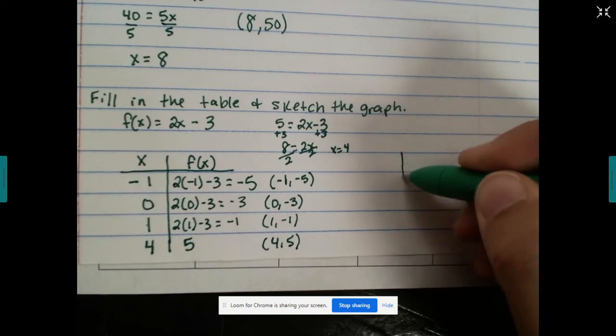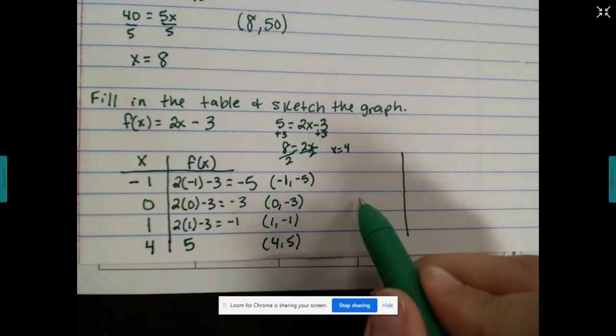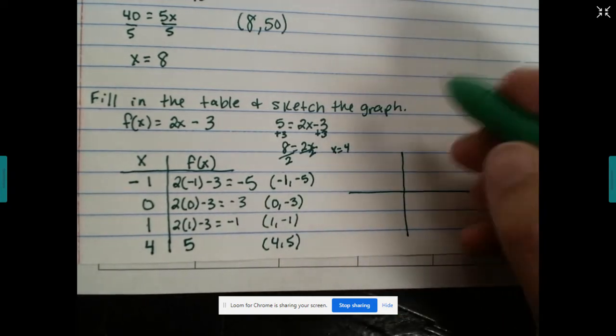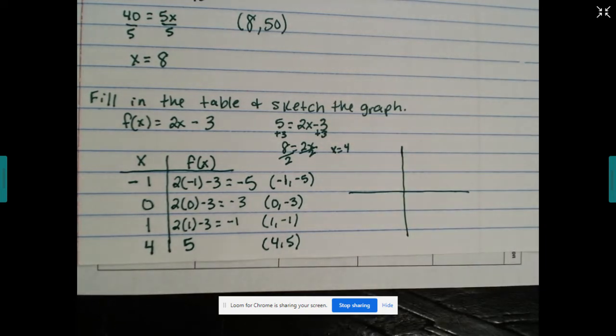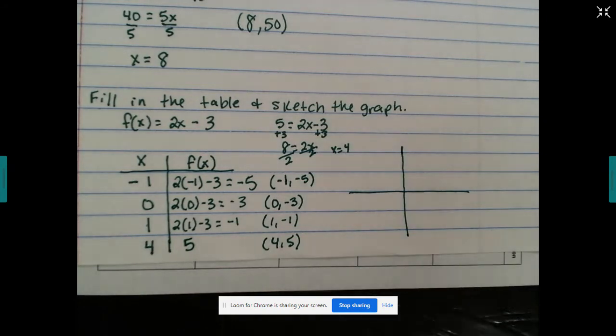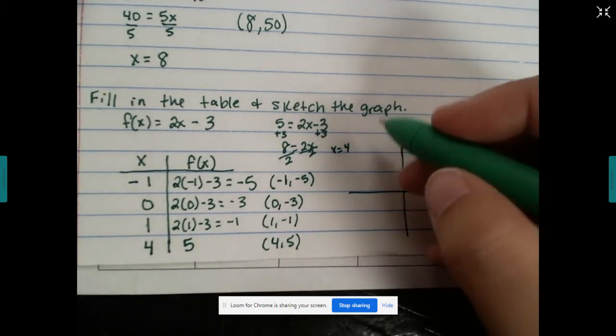So now let's sketch it. And so hopefully you remember from our parent functions that we did yesterday that if it's just 2x minus 3, it's just a linear. So it should just be a straight line, but let's graph it to make sure.